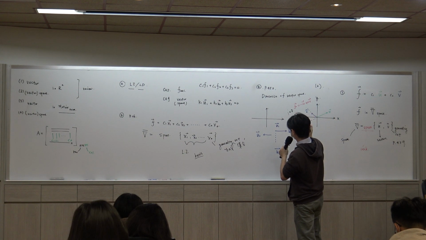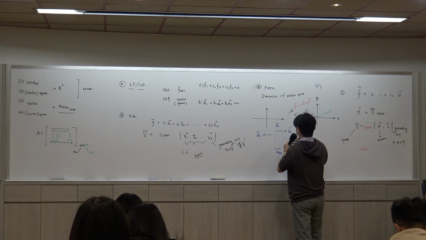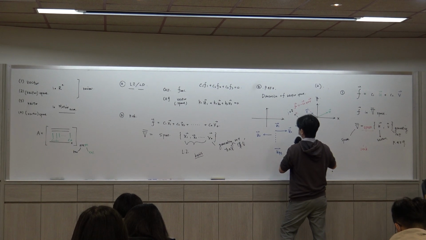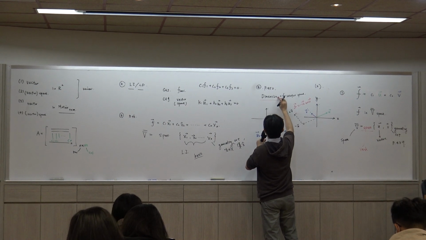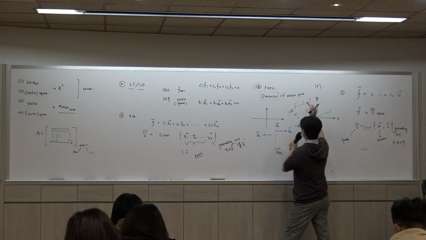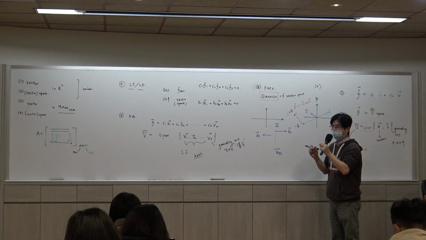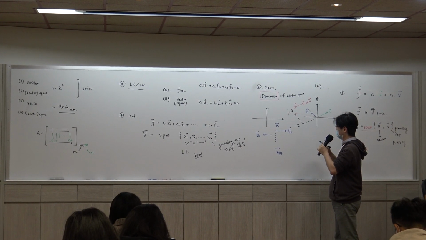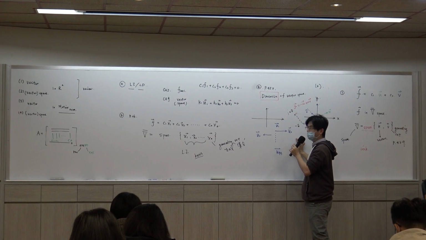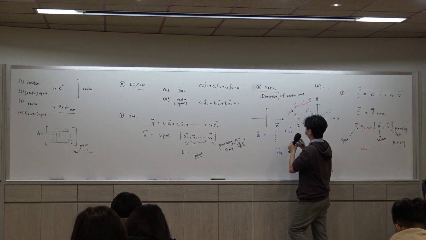So the dimension of the vector space will be determined by the number of linearly independent vectors. Okay.